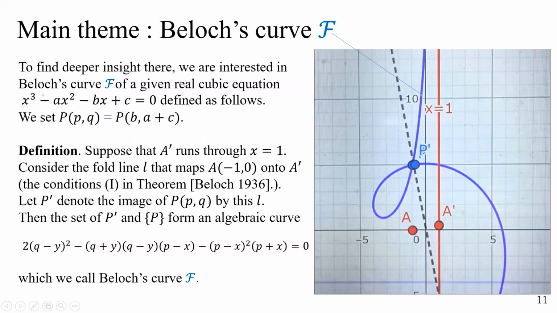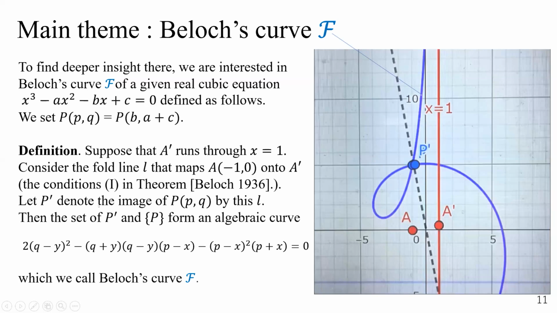To look deeper inside, we are interested in Beloch's curve F of a given real cubic equation, defined as follows. We set point P = (B, A+C). Definition. Suppose that A' runs through x=1. Consider the fold line L that maps point A onto A', satisfying condition 1 in the theorem.